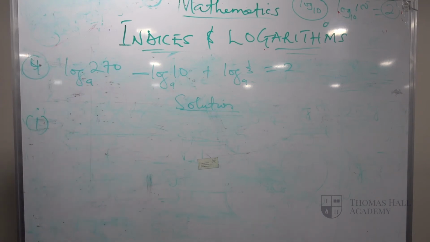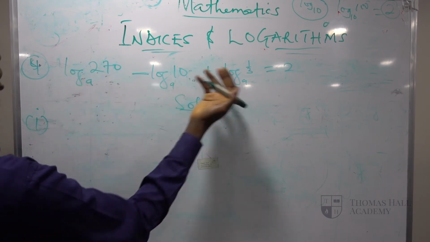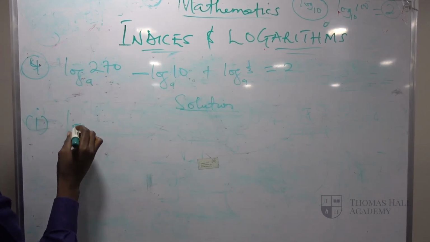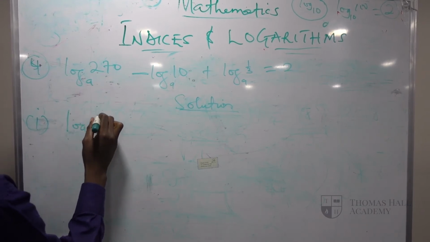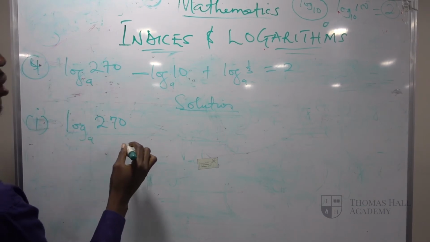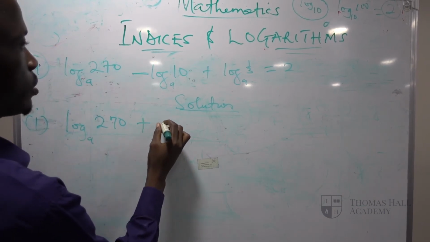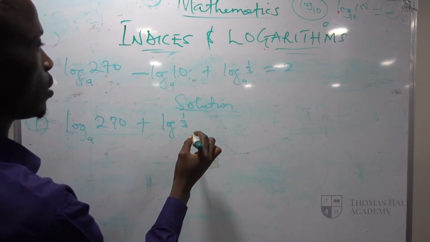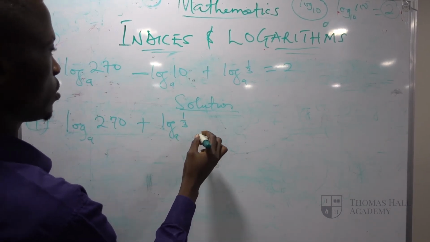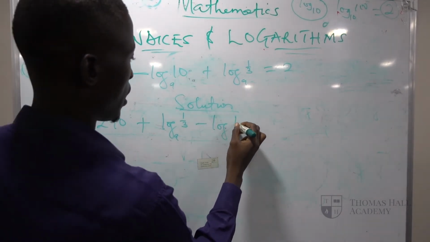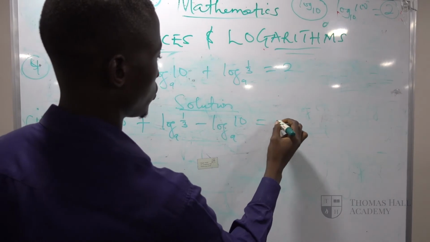Don't forget what we did the other time. Let's use our BODMAS again. This can be written this way: log 270 base A plus log 1 over 3 base A minus log 10 base A equals 2.